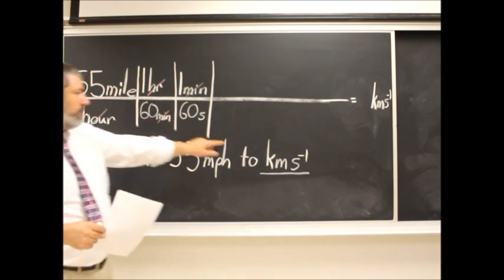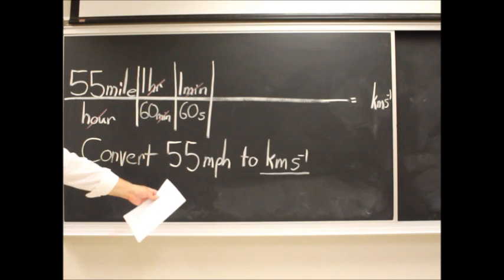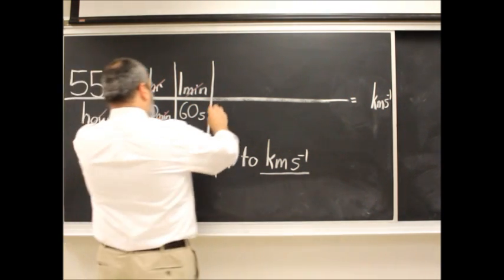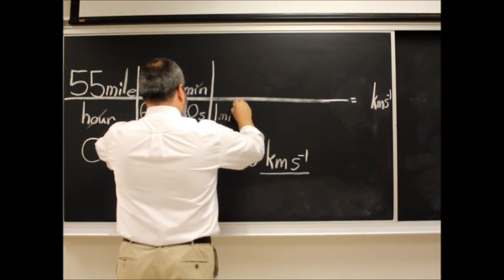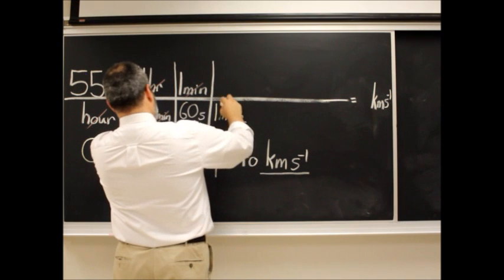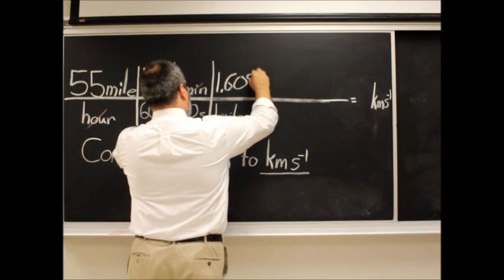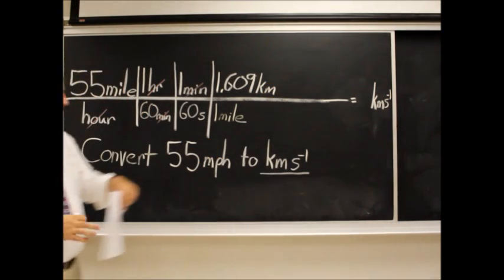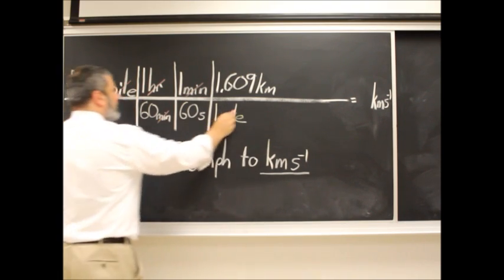Now we need to go from miles to kilometers. And so, as I look at this, as it turns out, I gave you a unit conversion. 1 mile is 1.609 kilometers. Miles cancel.